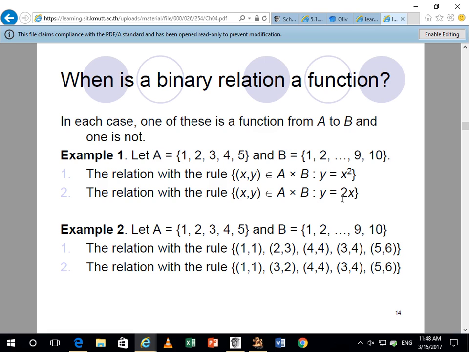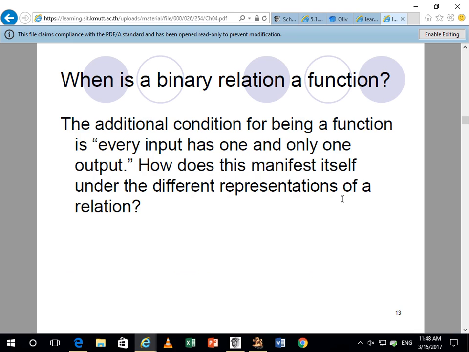You need to have all elements of A map to B, but they don't all map. So it's missing. 4 and 5 do not exist in B. So the condition is one and only one. If you look at the first part, every input has one output.